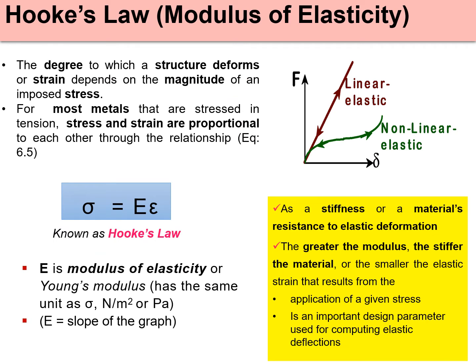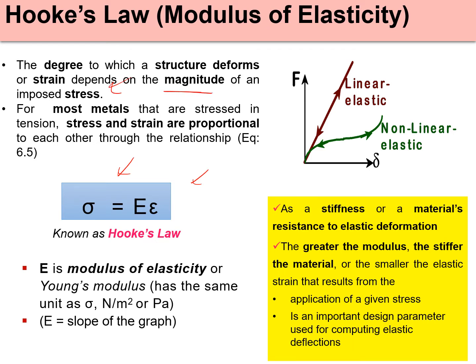Okay, so Hooke's law is basically what we call the modulus of elasticity. Hooke's law usually only applies for small strain. For larger strain, the relationship between the stress and the strain is no longer linear. So here, the degree to which the structure deforms, the strain, depends on the magnitude of any imposed stresses.